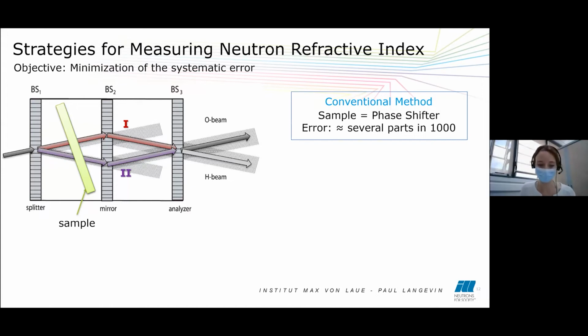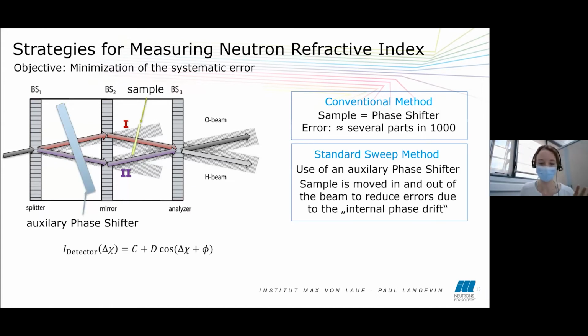I won't go too much into detail here, but one of them is the standard sweep method. And this is different in that an auxiliary phase shifter is used and the sample is inserted in one of the beams here.